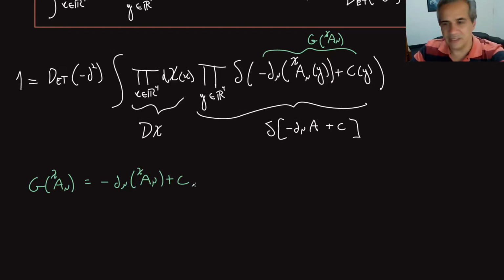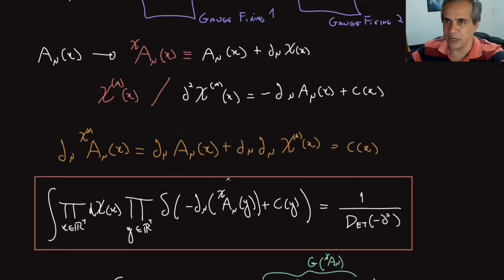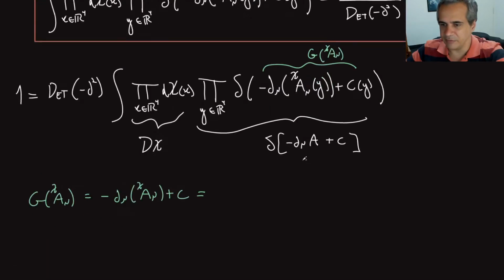But that can be written as, I just have to expand this and apply the derivative. I take A mu chi, which is here, and apply the derivative to it.